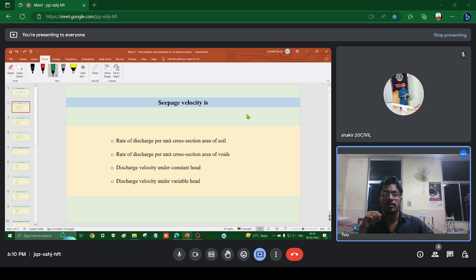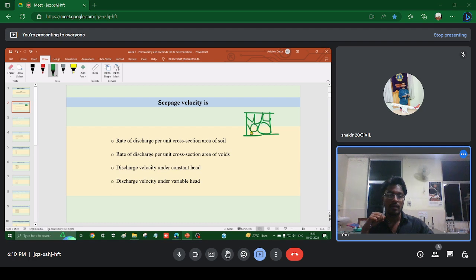Because when there is a soil sample like this, if this is the cross-sectional area, and the water is flowing perpendicular to the screen of my laptop, and this is the soil particle like this.